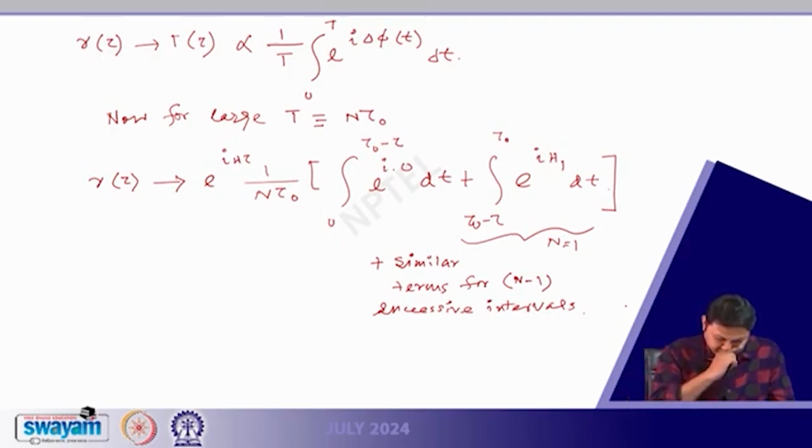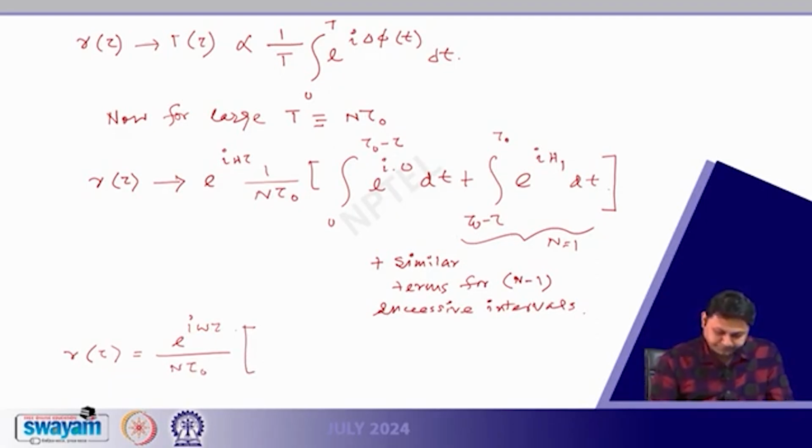So what value then are we getting for gamma from here? Gamma tau is e to the power of i omega tau divided by n tau naught, and then I am getting this integral, tau 0 minus tau plus this value.